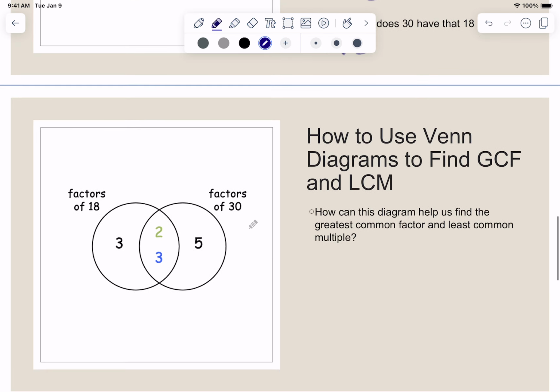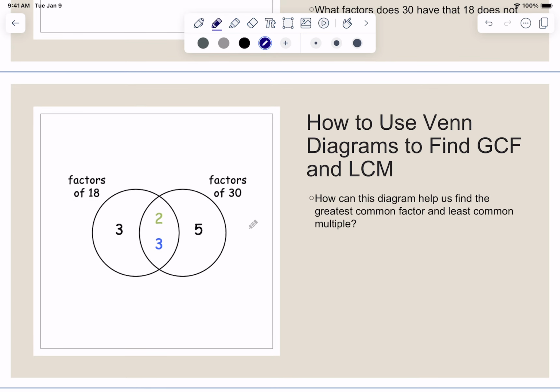So here's our completed Venn diagram. I had completed this ahead of time, and we're going to use this to figure out what our least common multiple and our greatest common factor are. This would be an opportunity to have a discussion in your classroom about what you think it might be.